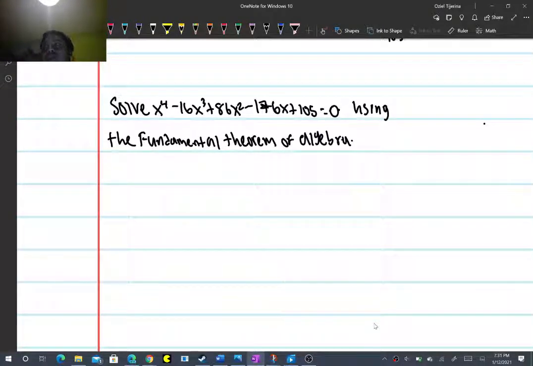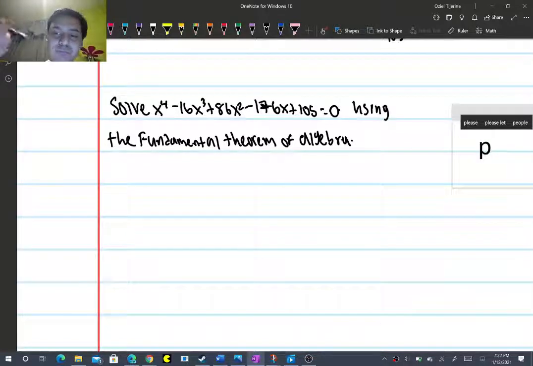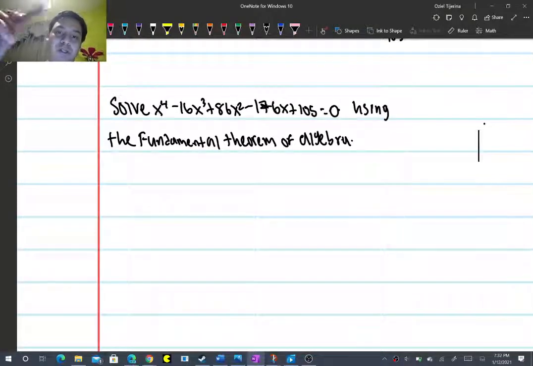Since I have not gone over synthetic division yet, I'm not going to be doing this with synthetic division, because I know that's one way you can do it. But I am going to be doing this with just evaluating.